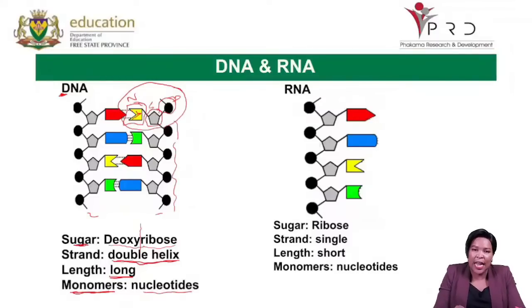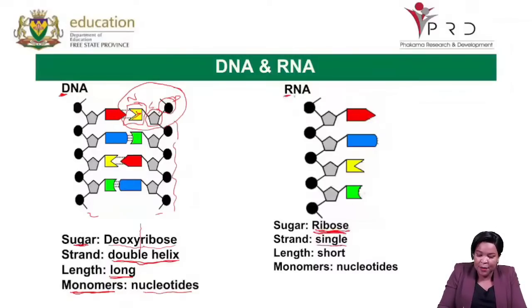Then coming to RNA, you must remember that the type of sugar that you find in RNA, the R stands for ribose. So the type of sugar that you find in RNA is ribose sugar. And RNA, unlike DNA, it is a single strand. So there is no other strand that is coming from here.